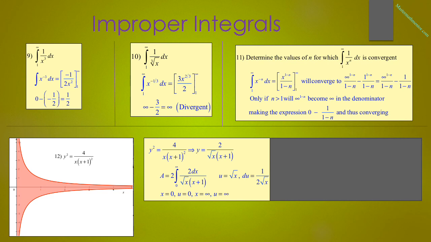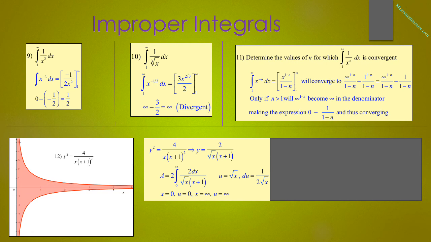Number 12 gives a graph of y squared is equal to 4 over x times the quantity x plus 1 squared. And we would like to find the area of the shaded region. In order to do this, we're going to solve for y, and we end up with y is equal to 2 over the square root of x times the quantity x plus 1.